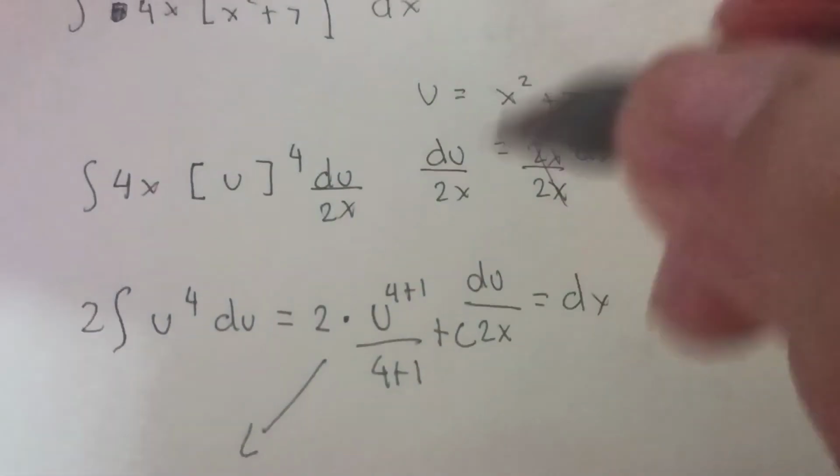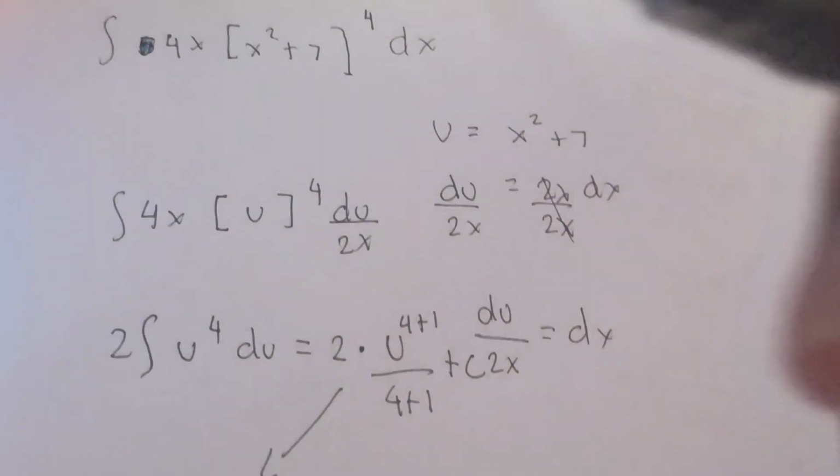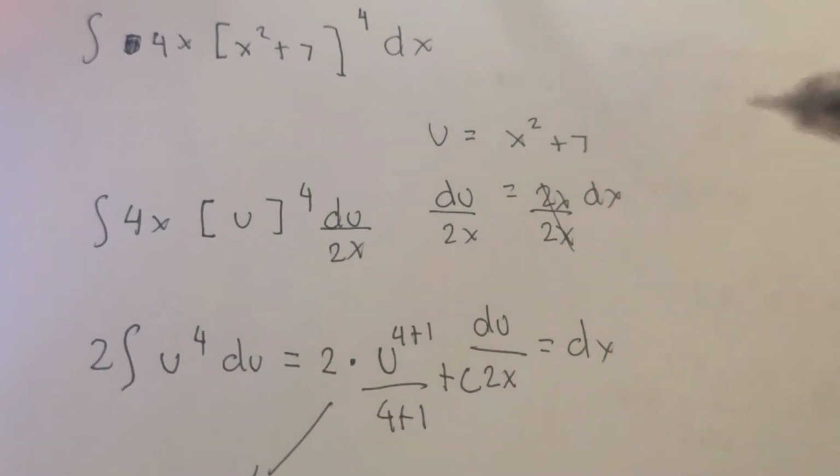Oh, apologies for this. I will just transfer it here. Now it will become 2 times u to the 5th power over 5 plus c.